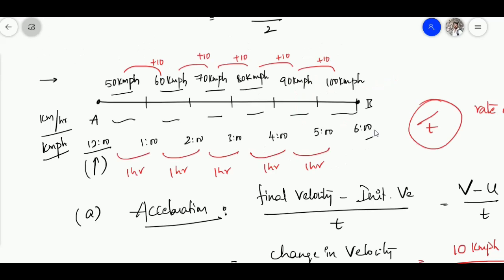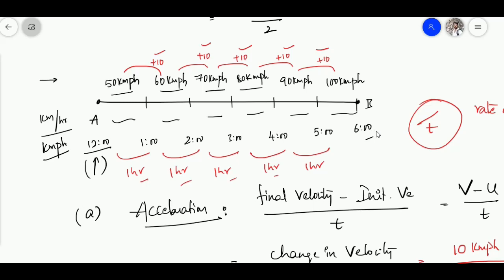And there is a new word, the types of acceleration. There are two types, uniform acceleration and non-uniform acceleration. Uniform acceleration means you are accelerating your bike uniformly, like you are increasing 10 km per hour in a uniform fashion for every 1 hour. This is uniform acceleration. So what is the difference between uniform and non-uniform acceleration then?